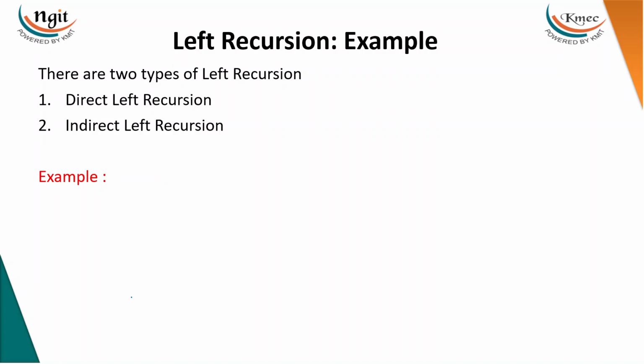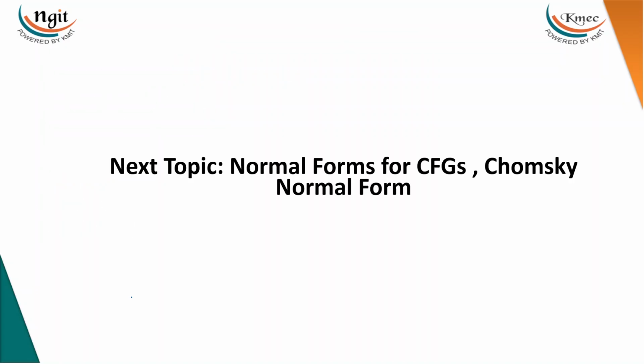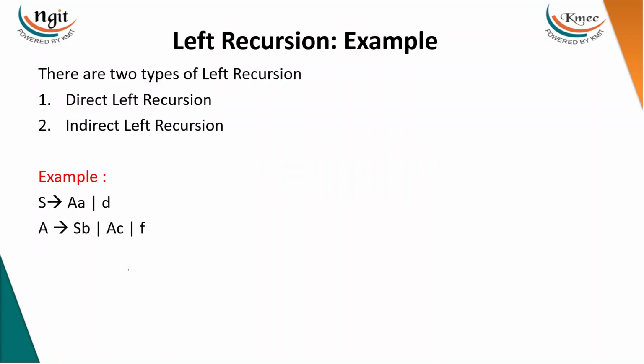One is direct left recursion and another one is indirect left recursion. So what is meant by a direct left recursion? See, if a non-terminal is having the left hand side same symbol, A or beta, so this is direct left recursion.